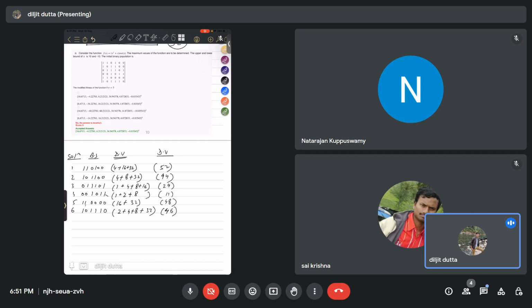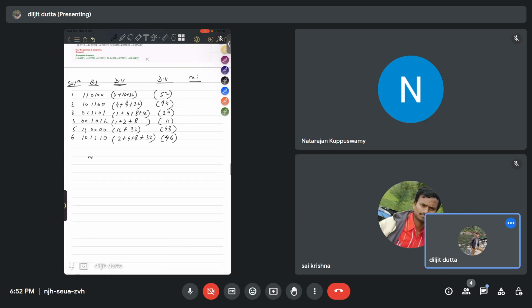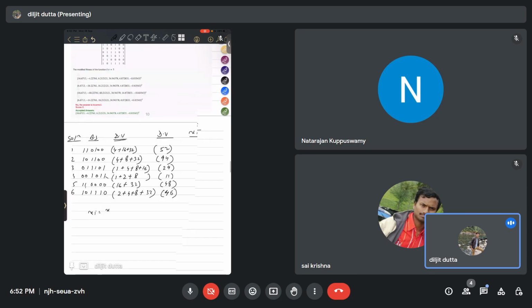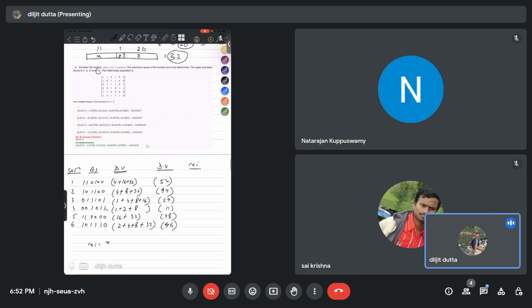So we have the decoded values. Now we have to find the xi value. How is xi defined? xi is equal to xi min plus (xi max minus xi min) divided by (2 to the power L minus 1) into the decoded value. Here xi min is minus 10 and xi max is plus 10.